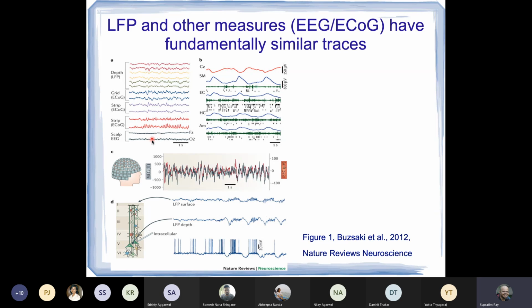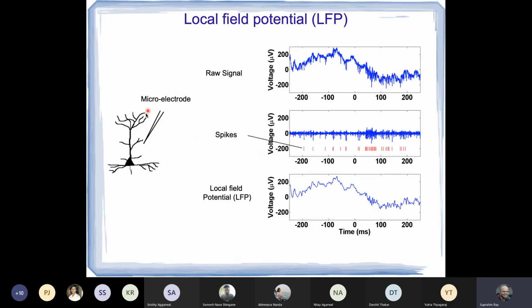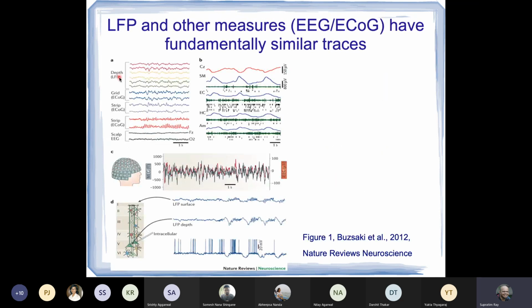Electrodes can be placed on the scalp, which is called EEG, or on the surface of the brain, which is called ECoG or electrocorticogram, or you can insert microelectrodes and record extracellular potential like this, and that is called local field potential. They actually have a similar structure in many ways. And we are going to try to understand where this signal is coming from.